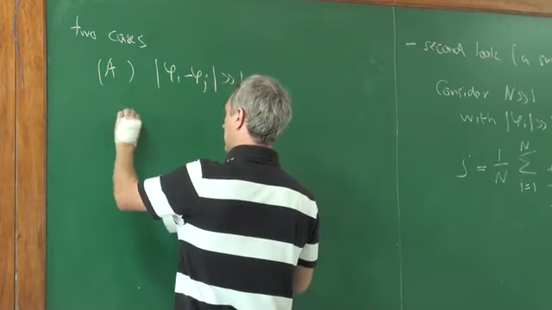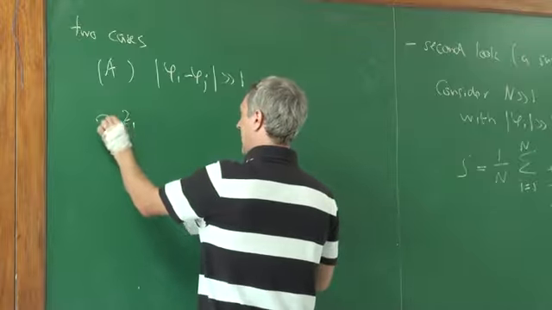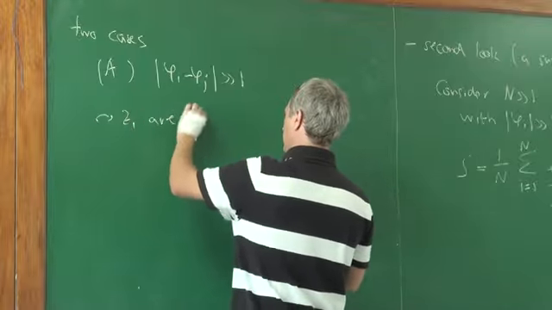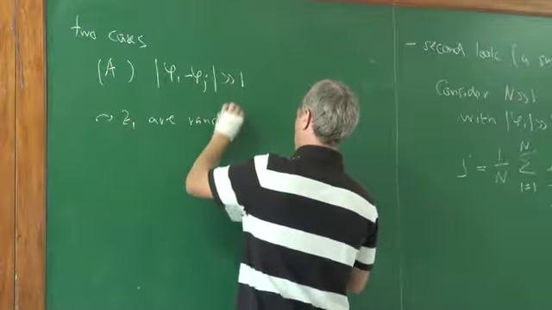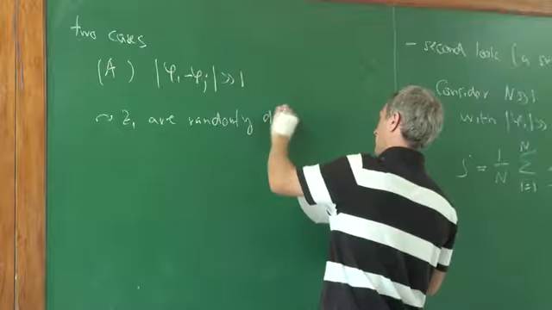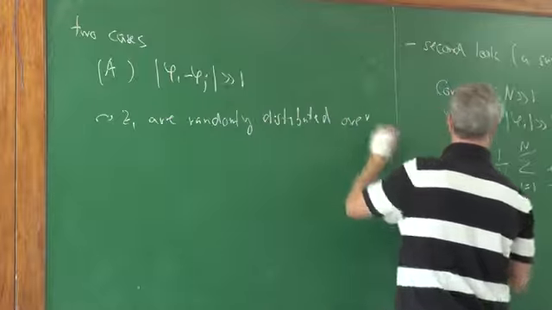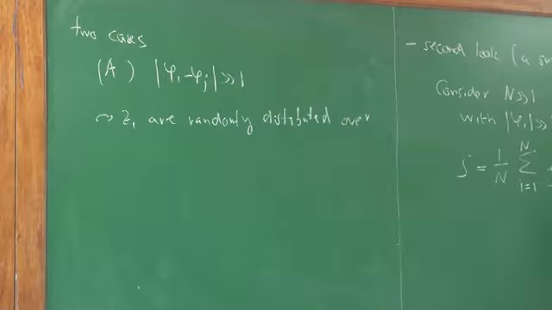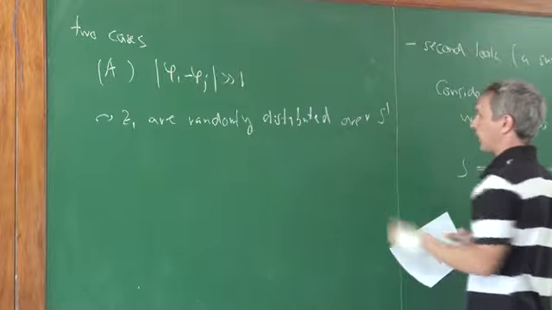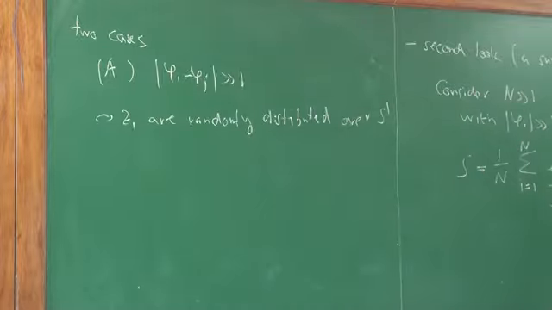So this would mean that all of the e^{i phi_j}, if you think about them, are just randomly distributed over the circle S1. They are not correlated, in the sense that if I take one, the other one is not in its vicinity, but the difference is much larger than two pi.